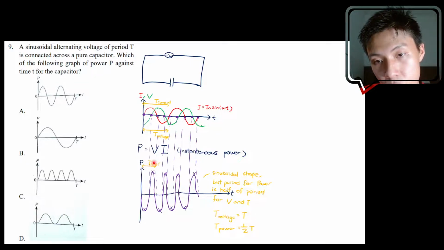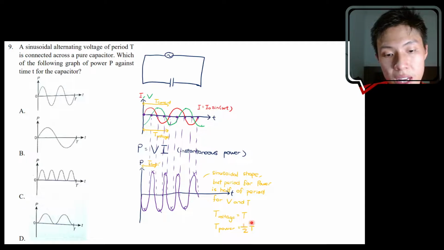It's only taking up 2 columns, but voltage and current are taking up 4 columns. So the period for power is half of the period for voltage and current. That's why it's half T.